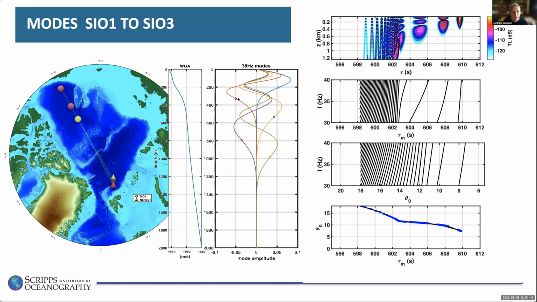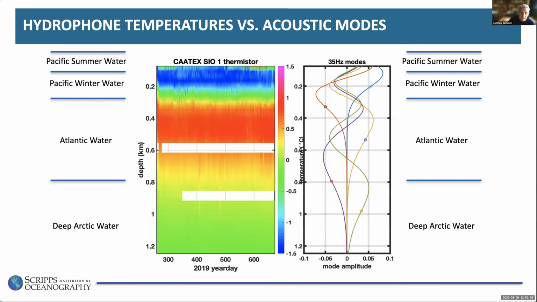At these little dots, I have plotted the turning point, the place where the mode changes from being oscillating to decaying, or evanescent. That's where it's most sensitive to the sound speed changes in the water column. You can see they're at a bunch of different depths. So that's how we will get depth resolution out of our data.